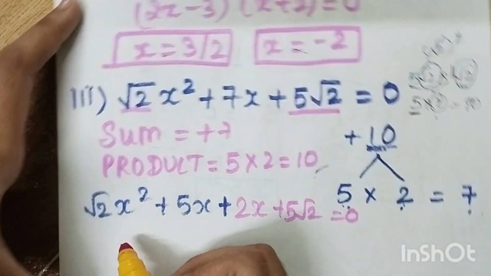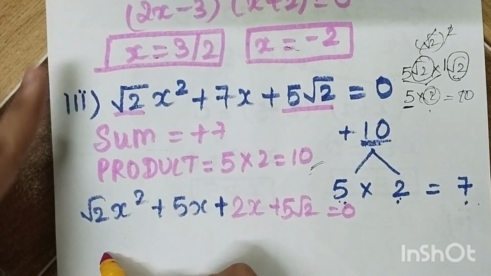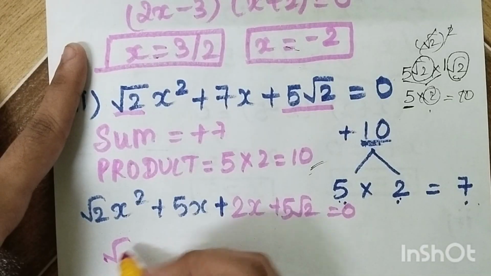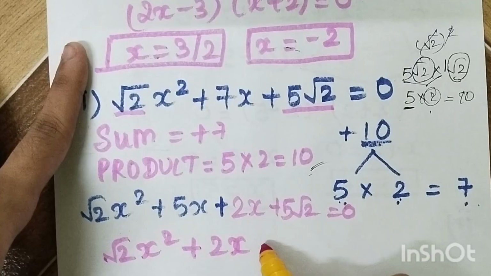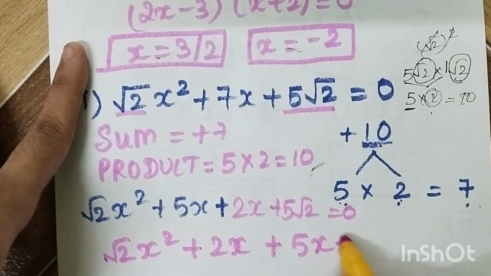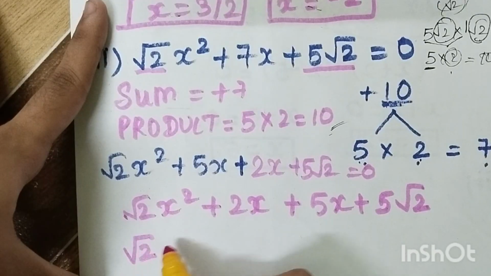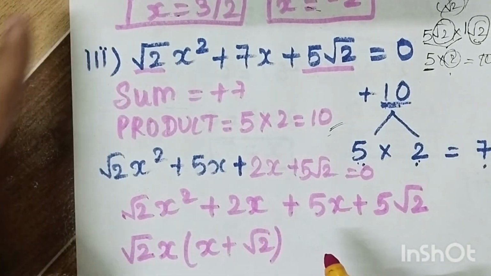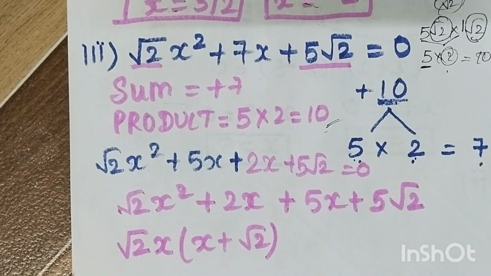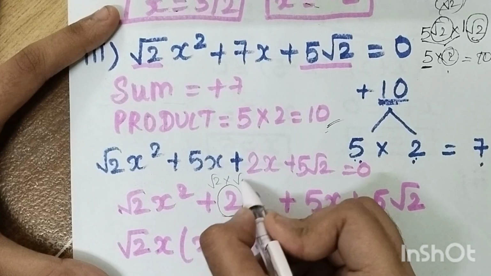Here I'm going to rearrange this like root 2 x square plus 2x plus 5x plus 5 root 2. Here I can take root 2 x as common, so I'll be getting x plus root 2. How? So I can write this 2 as root 2 into root 2.